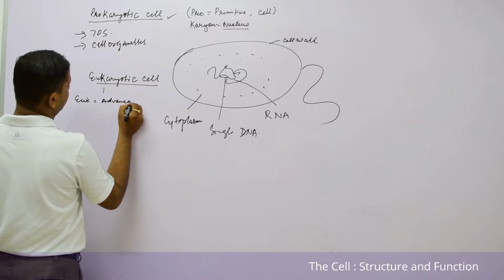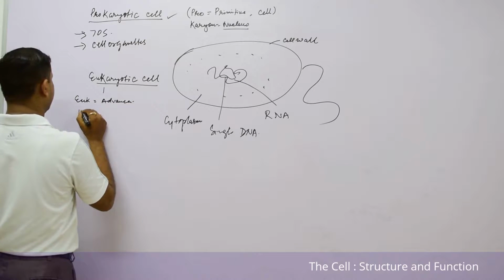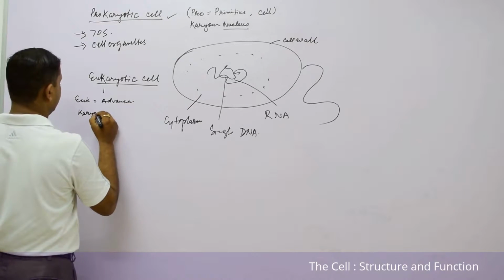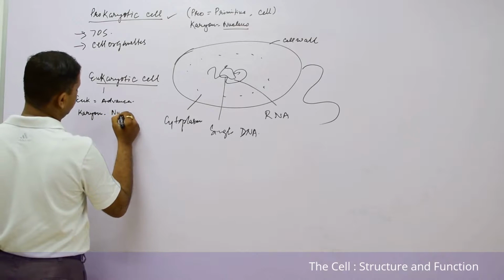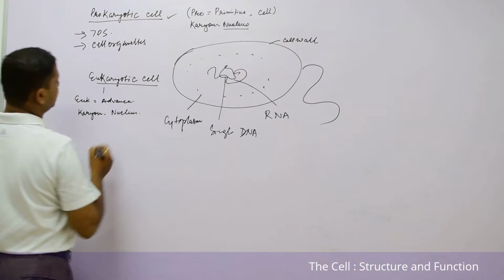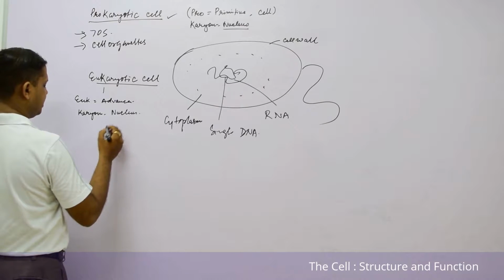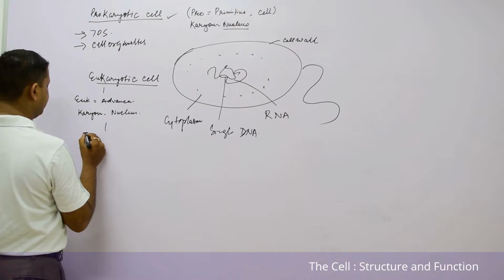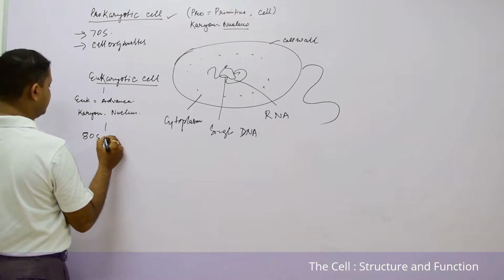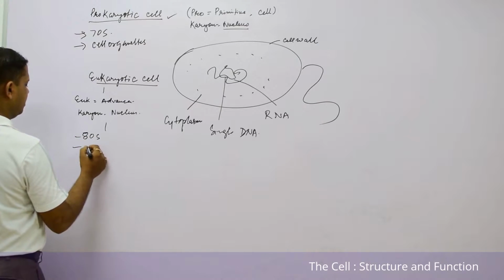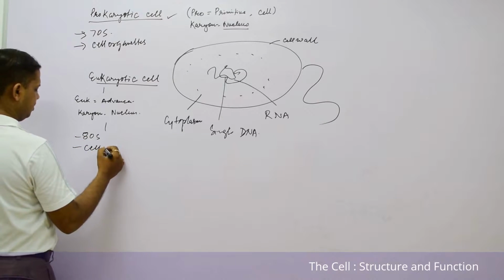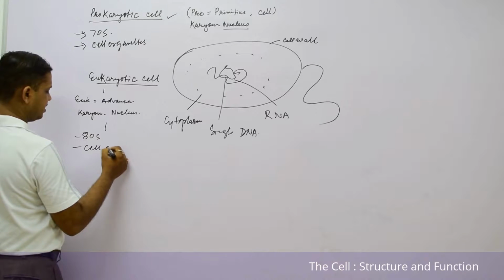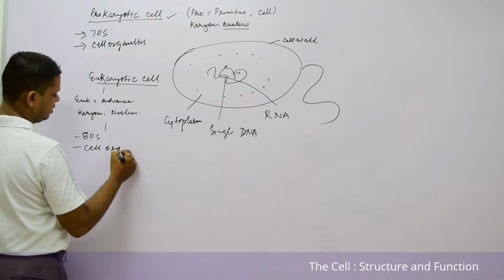Nucleus is found; karyon means nucleus. In these cells, 80S type of ribosome is seen. Second, cell organelles are found. Cell organelles are well established or well developed.